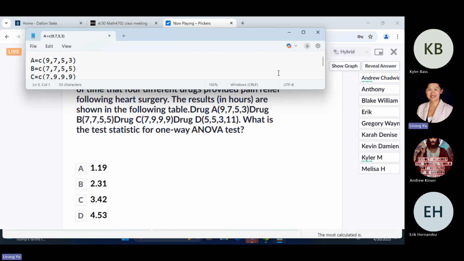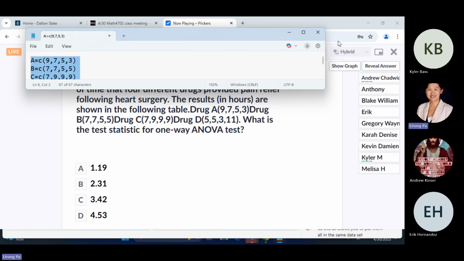So we have four sets of numbers, and if we want to do an ANOVA test in R, we have to create a new data set format that includes both the numerical variable and the qualitative variable. So x equals c, we're going to connect them together, so we go A, B, C, D. This will allow you to put them all in the same data set.